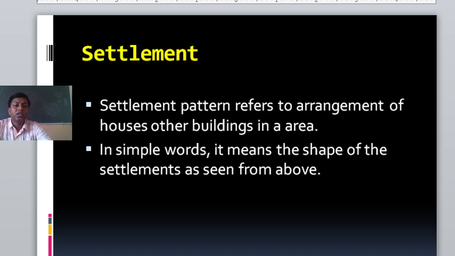Dear students, you live in your society. Definitely, you will find one set of pattern there, in which the home buildings are made.